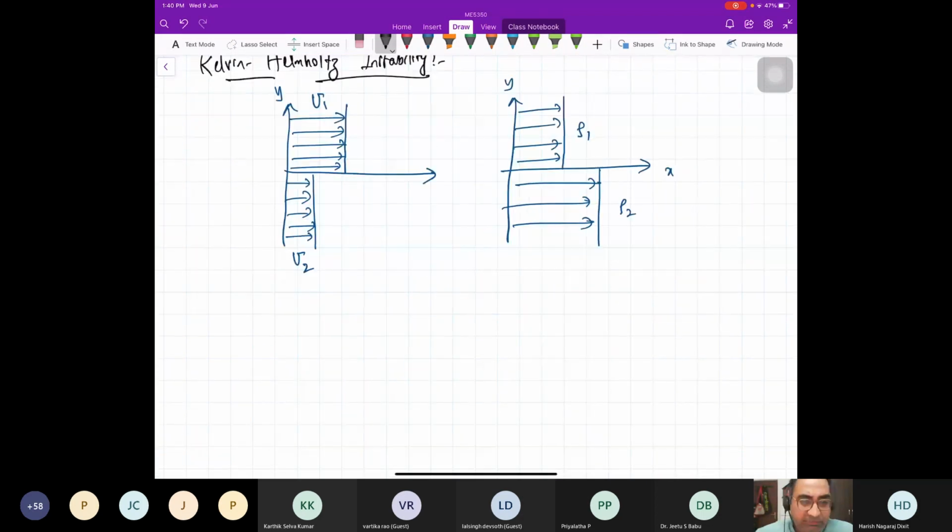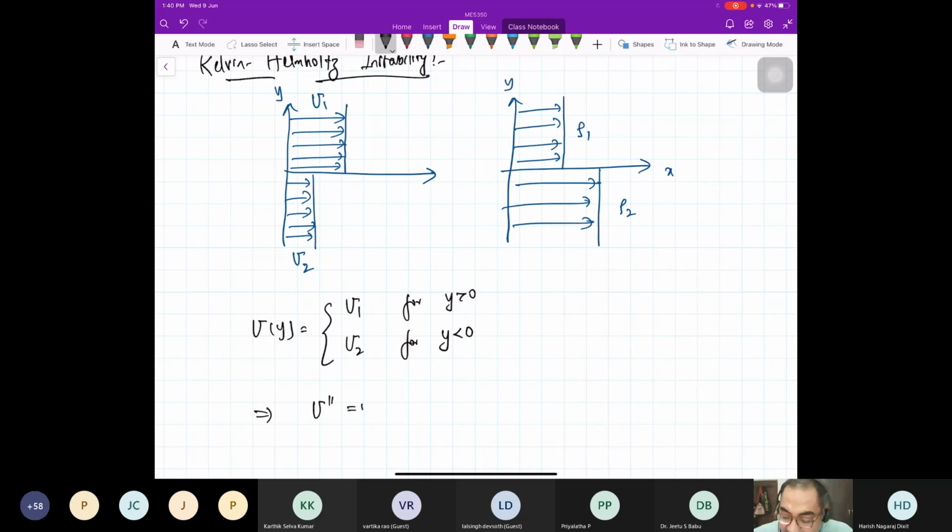If you look at this profile that we have taken, I can write u of y is equal to a constant u1 for y greater than 0, a constant u2 for y less than 0. And this immediately means u double prime is 0 everywhere except at y equal to 0.